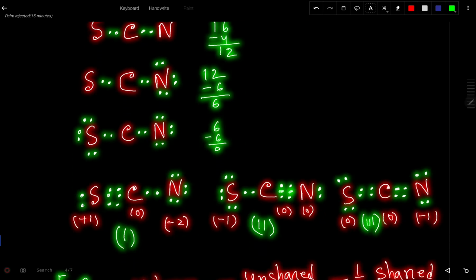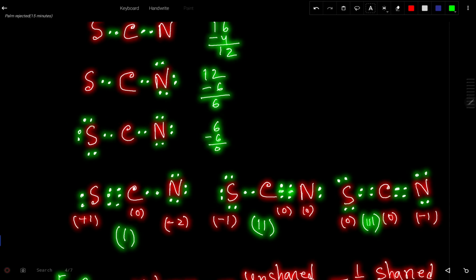In this structure, look, this sulfur has 2, 4, 6, 8, this nitrogen has 2, 4, 6, 8, but this carbon has only 4, right? So we need to satisfy the octet for this carbon. You can satisfy the octet for carbon from this side or from this side.